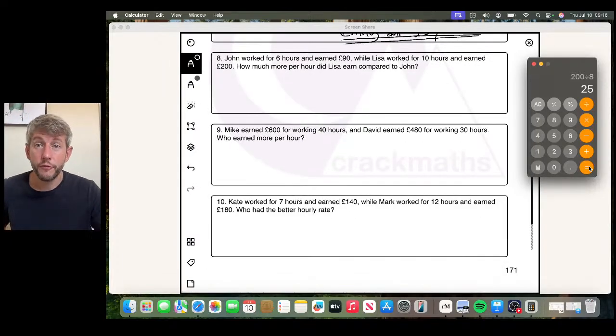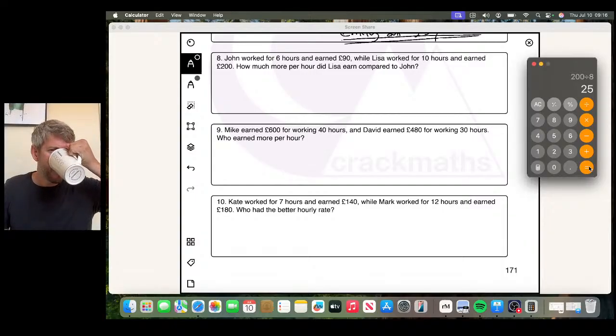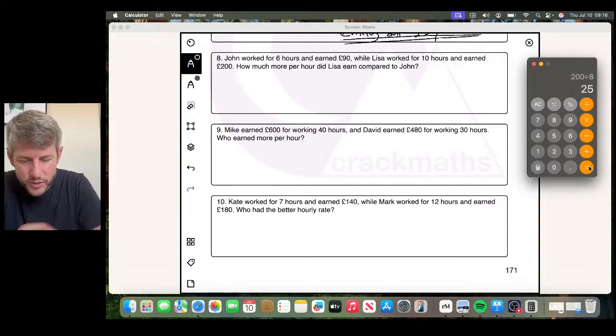John worked for 6 hours and earned £90, while Lisa worked for 10 hours and earned £200. How much more did Lisa earn compared to John? Okay, so this is a more question here, so there's a little bit more to do to it.